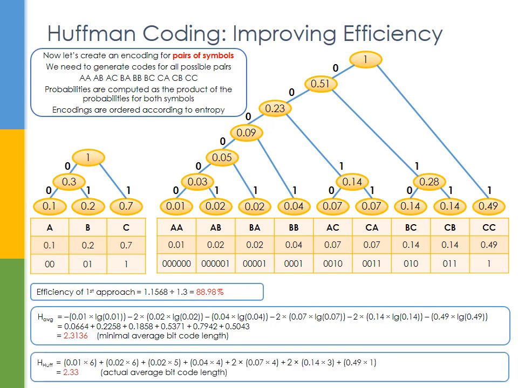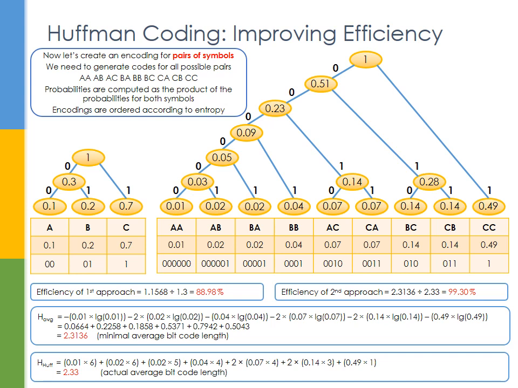So now we compute the actual average bit code length, which arrives at a value of 2.33, and we can already see that the value of 2.33 is much closer to the hypothetical optimal performing encoding that we've computed. So we can once again then compute the efficiency of this second approach by taking the minimal average bit code length of 2.3136 and dividing that by the actual average bit code length of 2.33, which gives us a value of 99.30%.